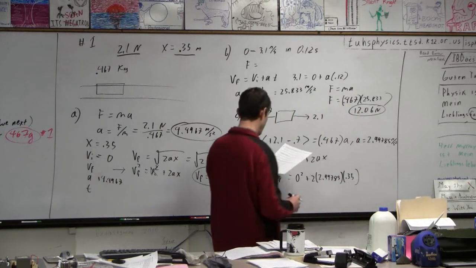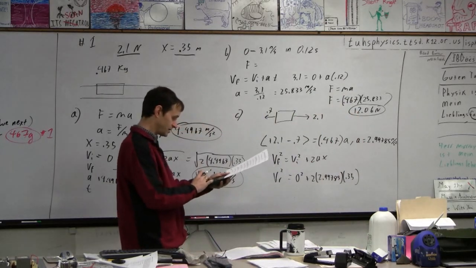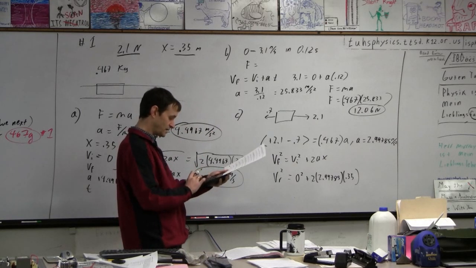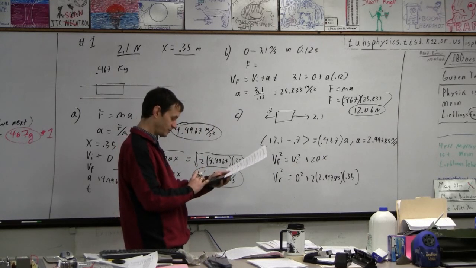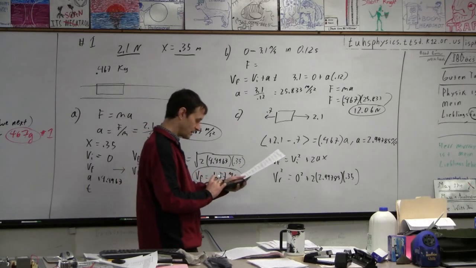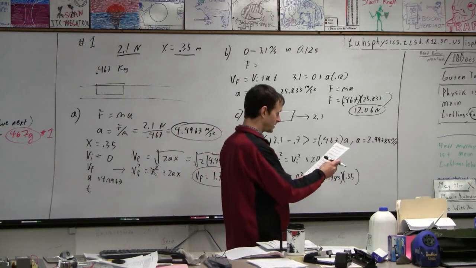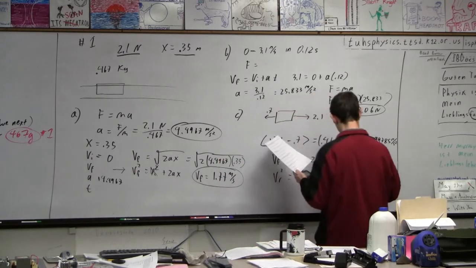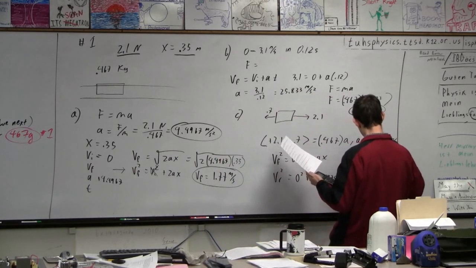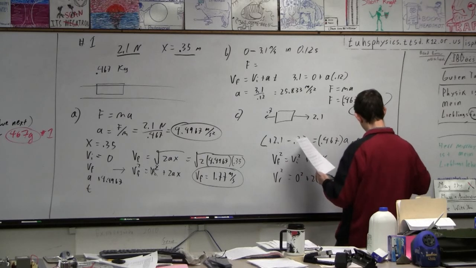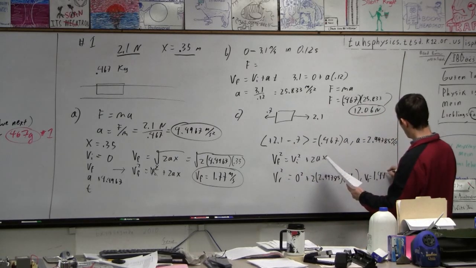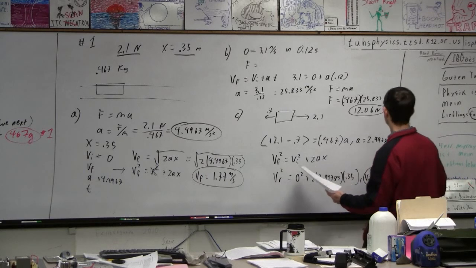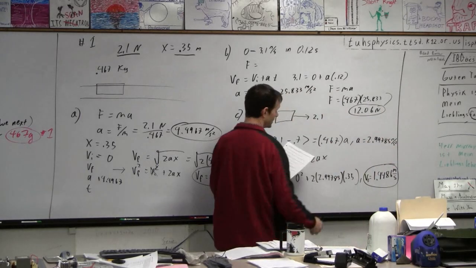Solving for the final velocity, it's the square root of 2 times the answer I just got times 0.35. And I get 1.4486. The final velocity is 1.4486 meters per second. There's an answer.